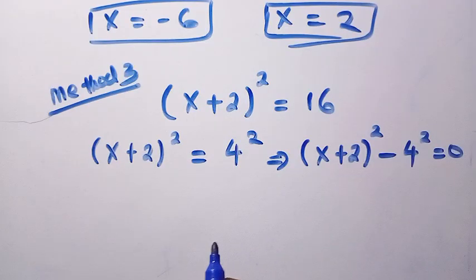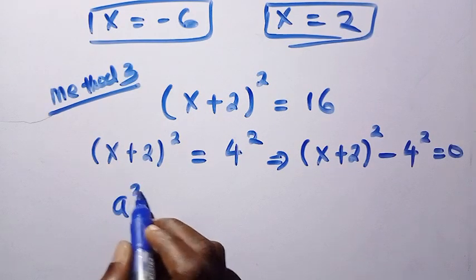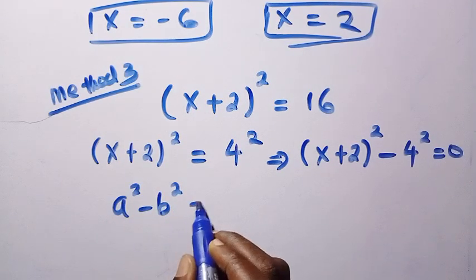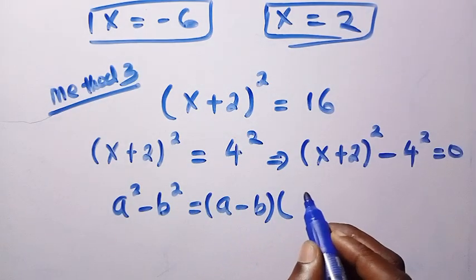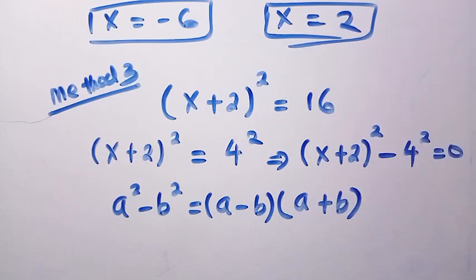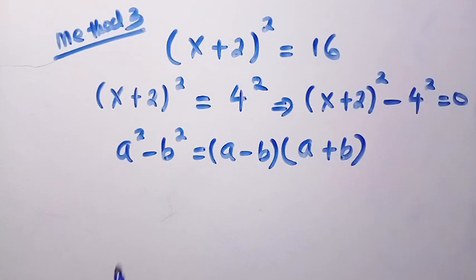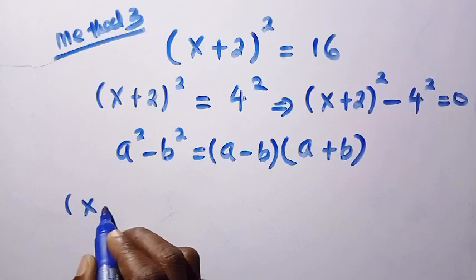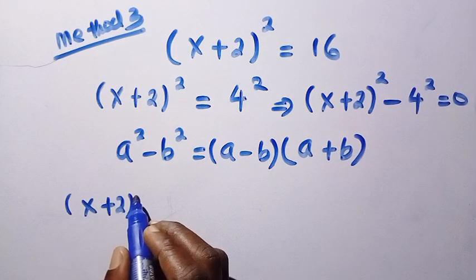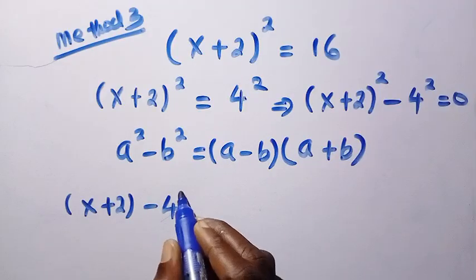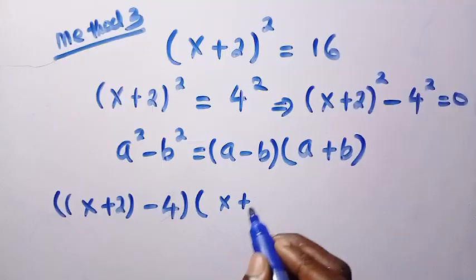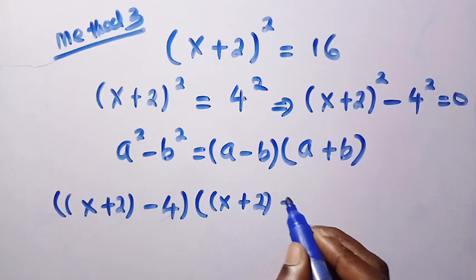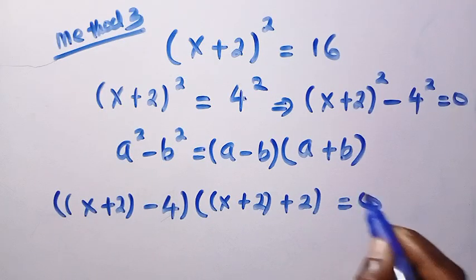Here is a difference of two squares, because a^2 - b^2 equals (a - b) multiplied by (a + b). That is the difference of two squares. Applying it to this, we have (x + 2 - 4)(x + 2 + 4) = 0.